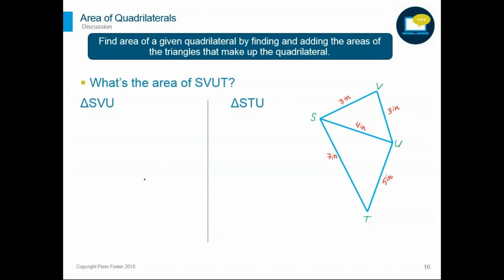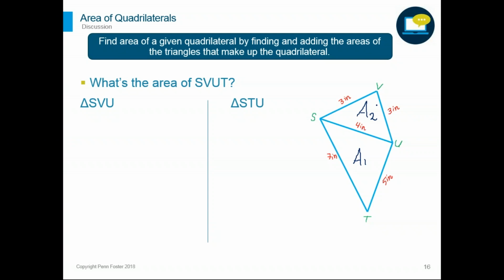If you notice, this quadrilateral is divided into two different triangles, triangle number 1 and triangle number 2. Well, we know how to find the area of a triangle. So if I'm able to find the area of triangle 1, find the area of triangle 2, add them together, that will give us the area of this quadrilateral.